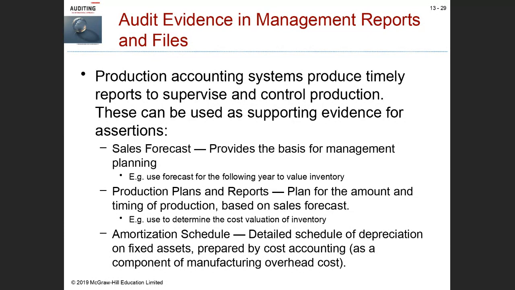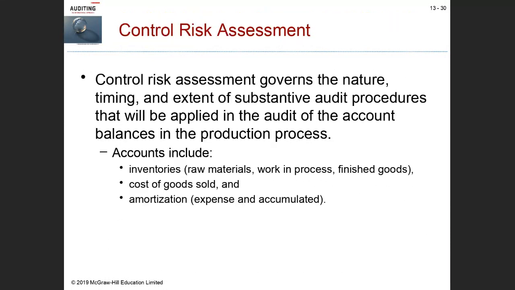Because typically, the more items we're producing, the faster we're using up our equipment, the faster we're using up our building. Right? So those things are going to essentially flow together, and we can use reports from production to determine the influence on what our depreciation charges should be during the year.